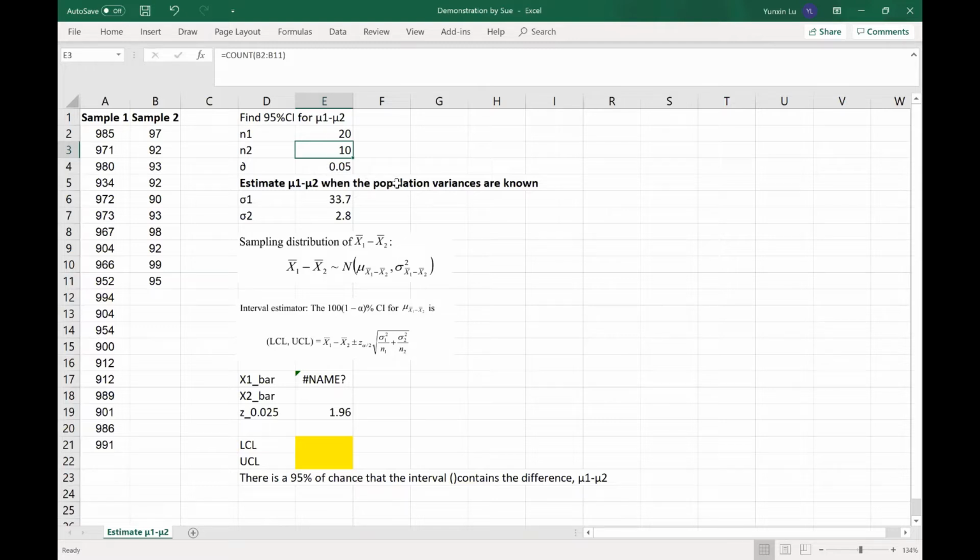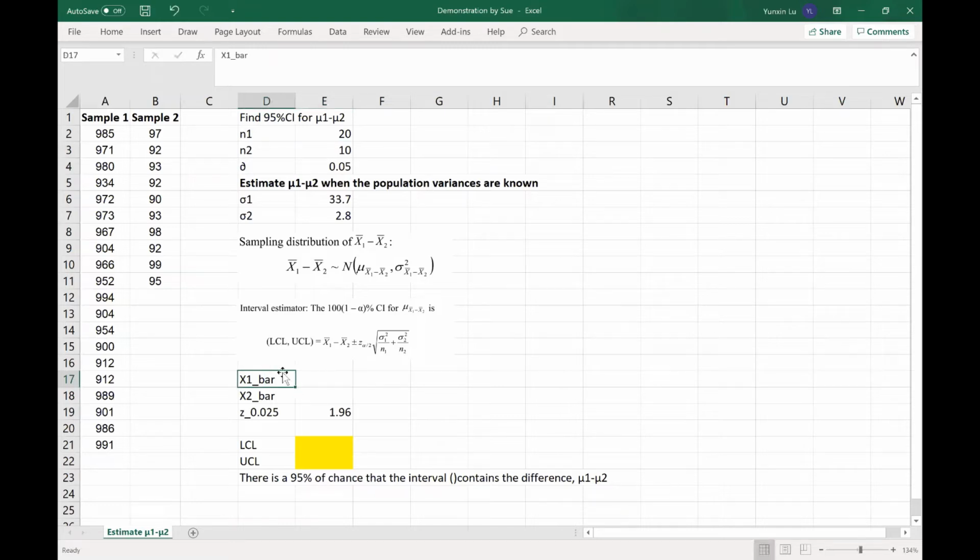As we know, the population variances are known in this question, so the standard deviations of the two populations are known. They are here. And the differences follow a normal distribution, and we need to find the confidence interval.